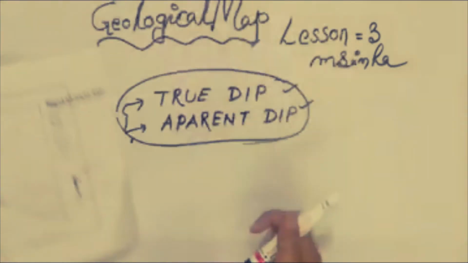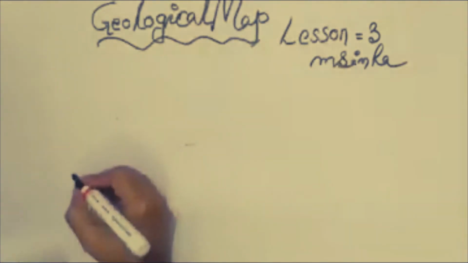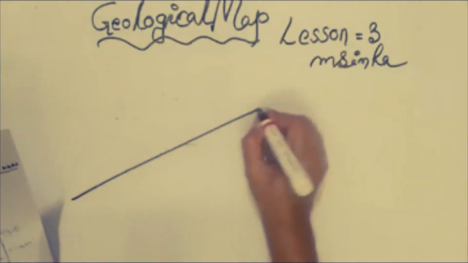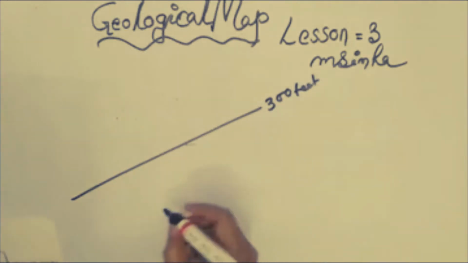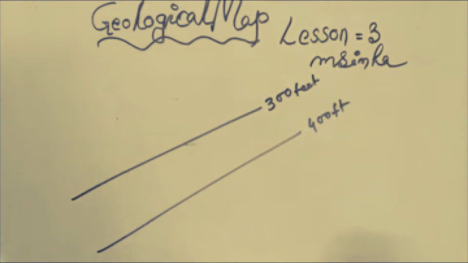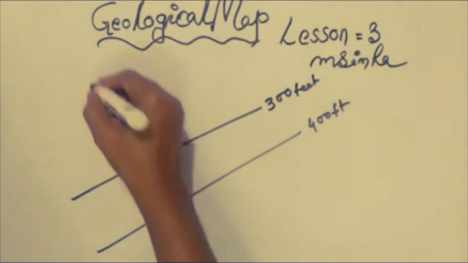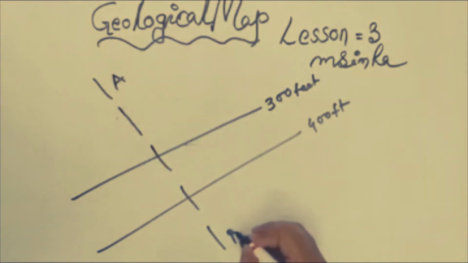Suppose here I am preparing a replica of that map, 300 feet and this is 400 feet. Both are strike lines, and this is the section line, A and B. For measuring the dip, what is the basic rule?